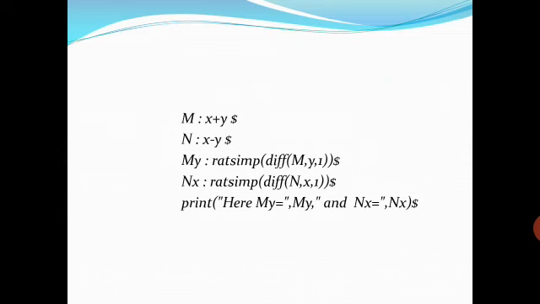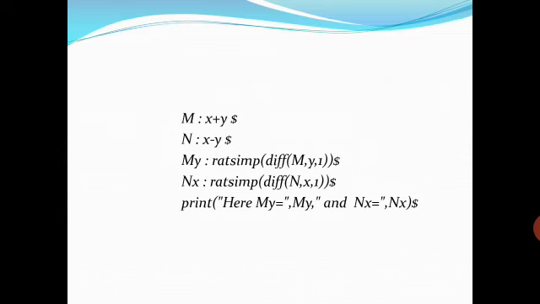This is nothing but the rationalized simplification of the differentiation of M with respect to y one time. That is, we have to calculate del M by del y. We write like this, My means del M by del y.